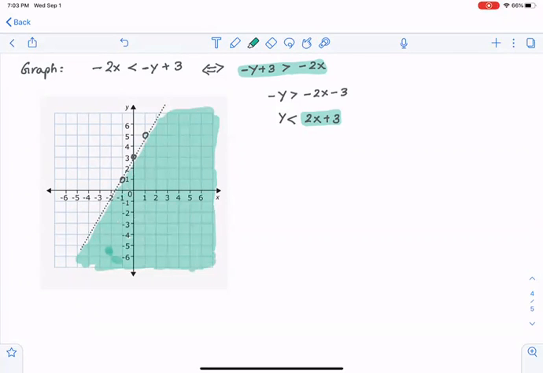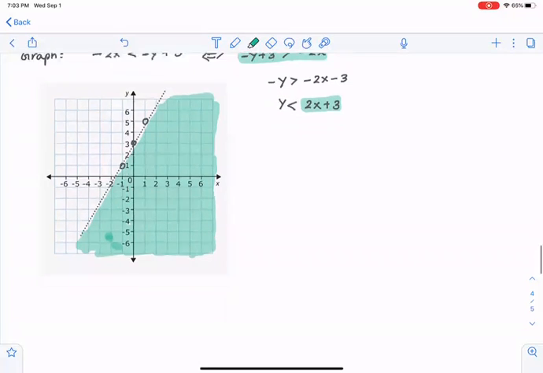So all of that will work for us. So that is how you would graph the given inequality. And the key thing here is, once again, flipping the sign, because the y carries a negative sign.